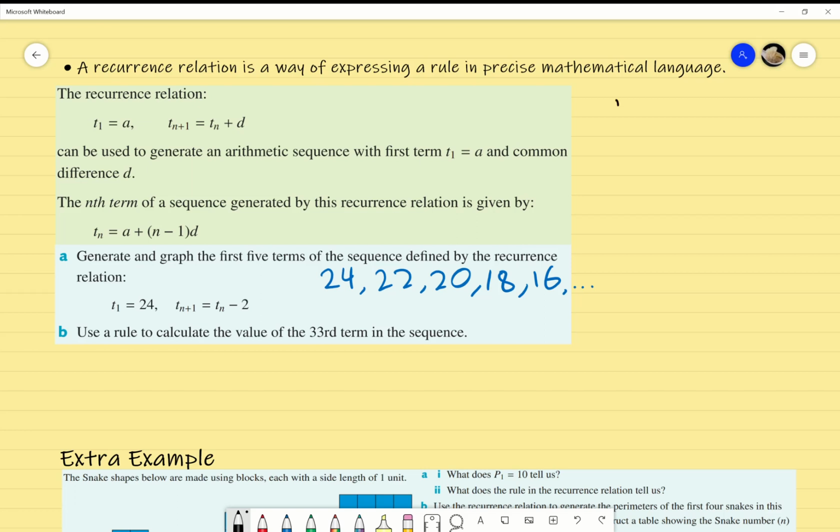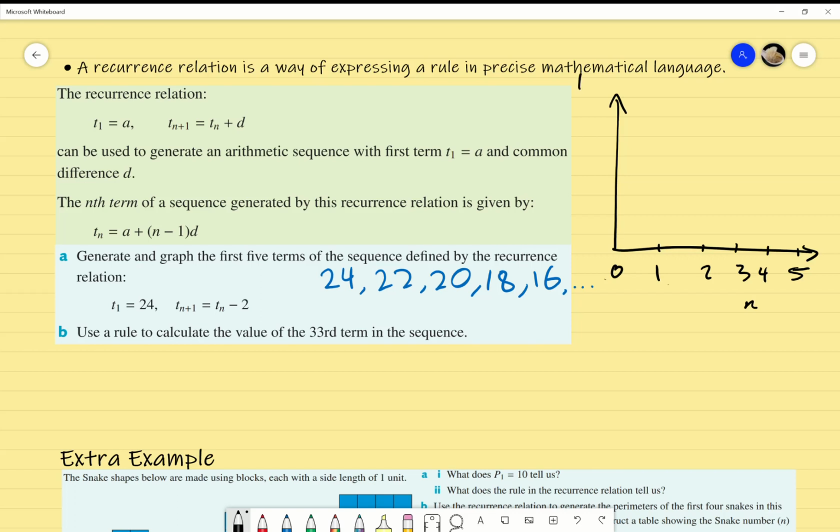So I'm going to draw my 2 axes first. You guys see that up the back? Yep, awesome. I'm going to write T0, T1, T2, T3, T4, and finally T5. Oh, sorry, my apologies, that should be n, not the T. So n equals 0, 1, 2, 3, 4, 5.